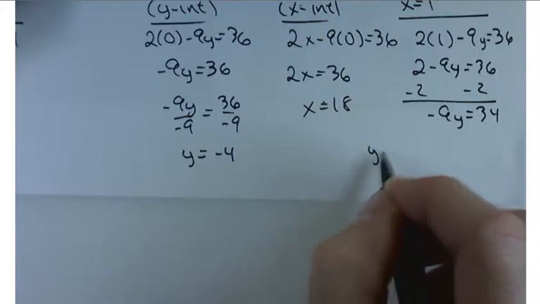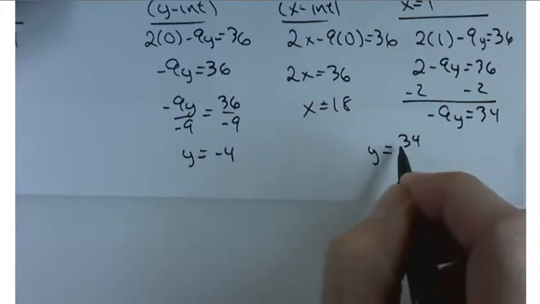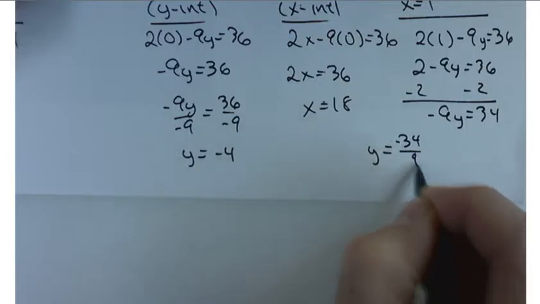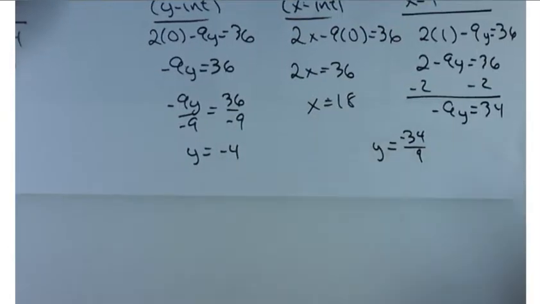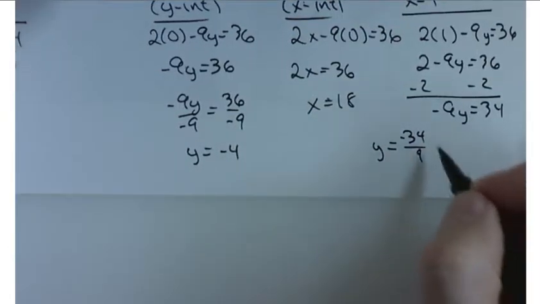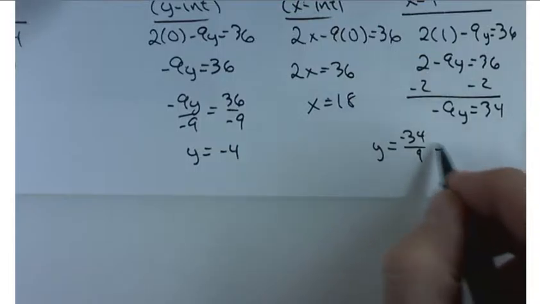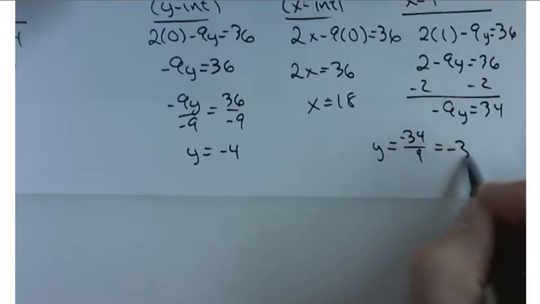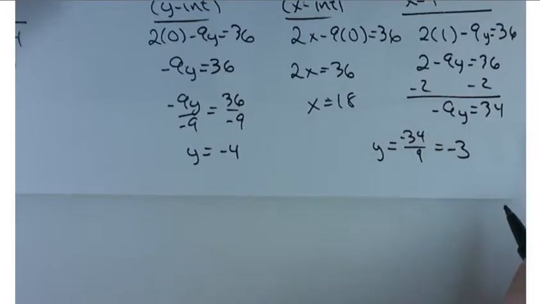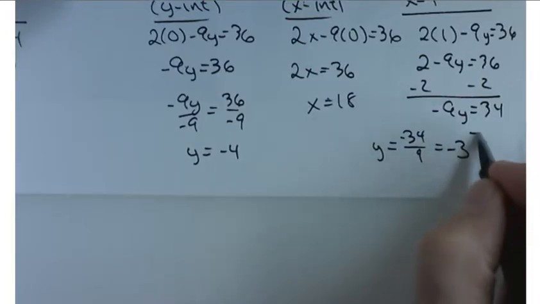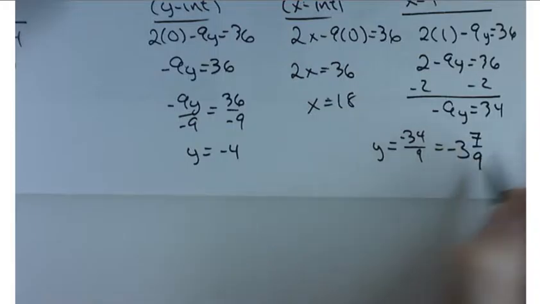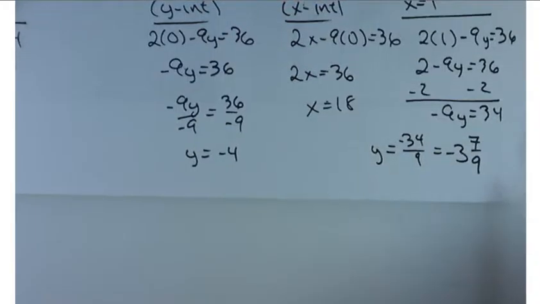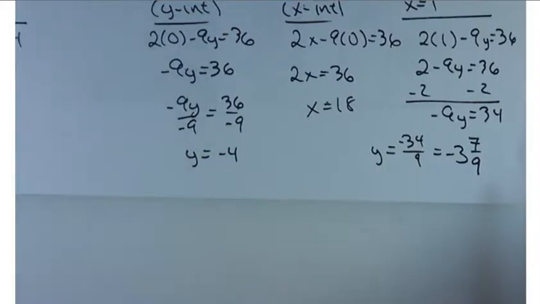I get y is negative 34 over 9. Probably not many of us would really feel happy about graphing this. Let's at least turn it into a mixed number. What would it be? Negative 3 and what? Negative 3 and 7/9. Not exactly friendly.